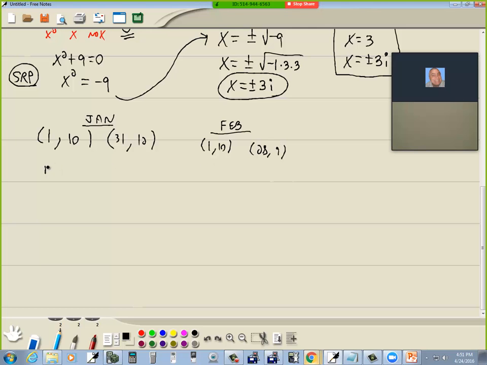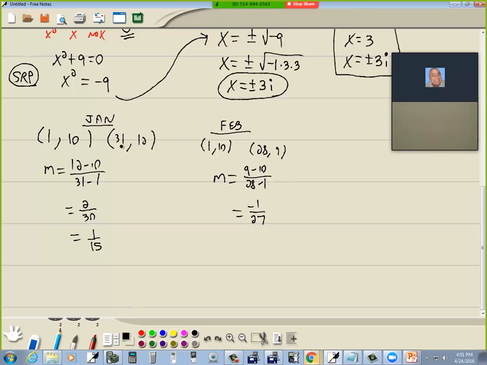If I found a slope of each one of these, this would be 12 minus 10 over 31 minus 1, which would give us 2 over 30, or 1 over 15. This one, if I did 9 minus 10 over 28 minus 1, that would give us negative 1 over 27.